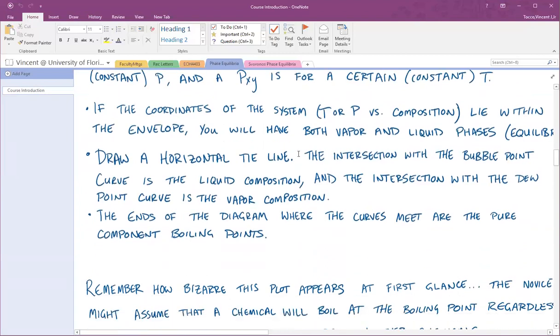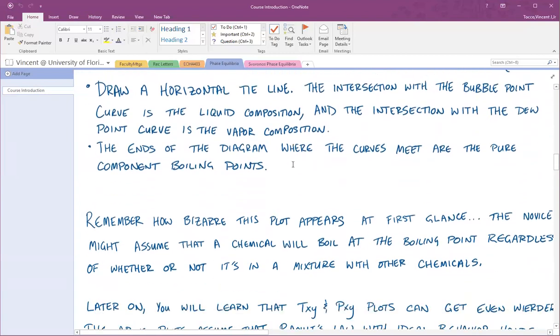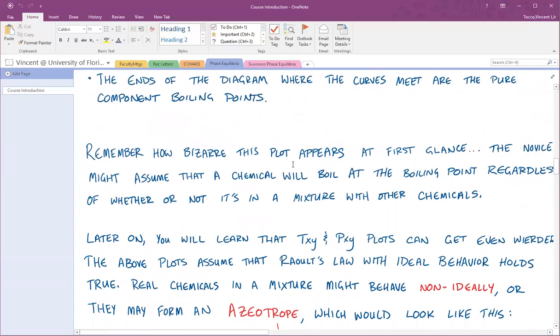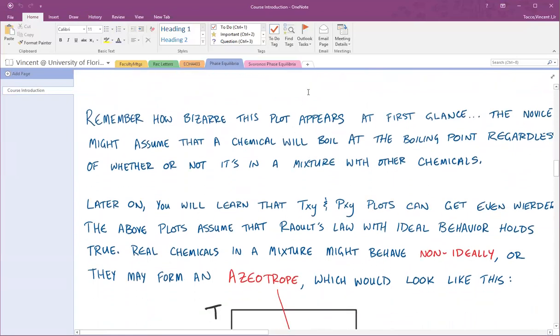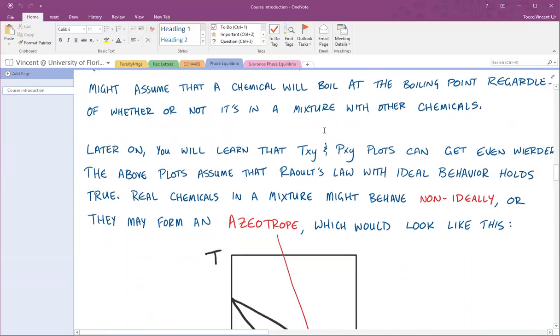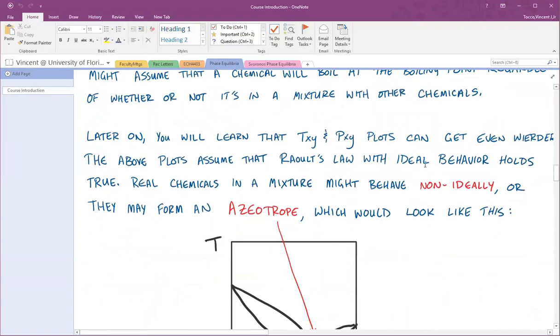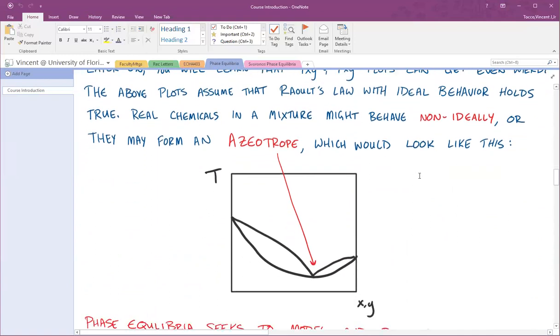And then a little bit later on in the course, you'll learn that it's not even this simple. Those TXY, PXY plots that I just showed you were assuming Raoult's law with ideal behavior. And in Thermo 1, you learned about how ideal gases very rarely are the case. The ideal gas law is not the preferred equation of state.